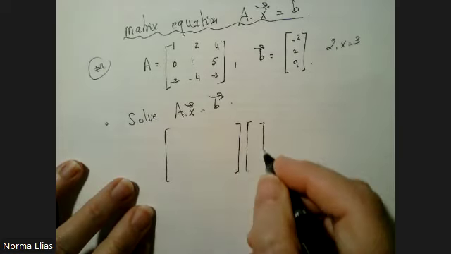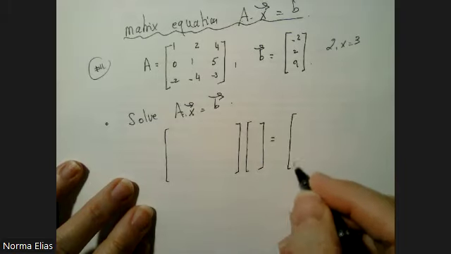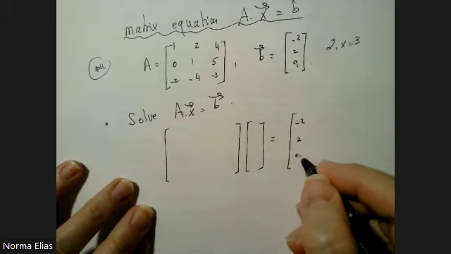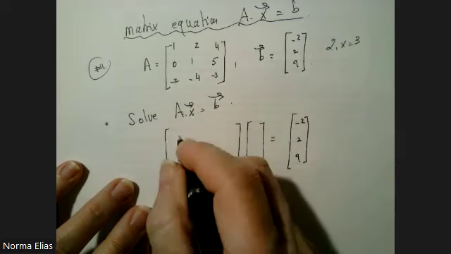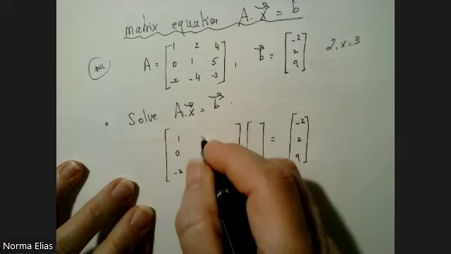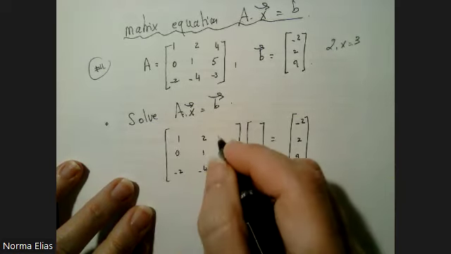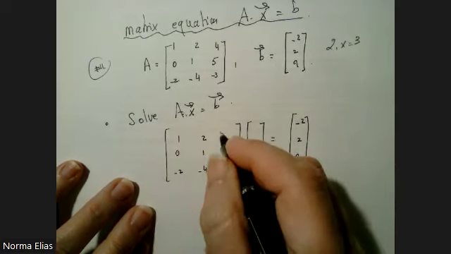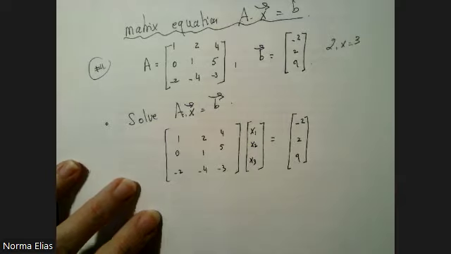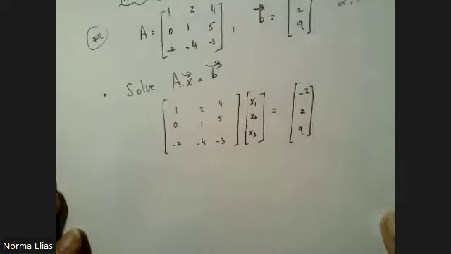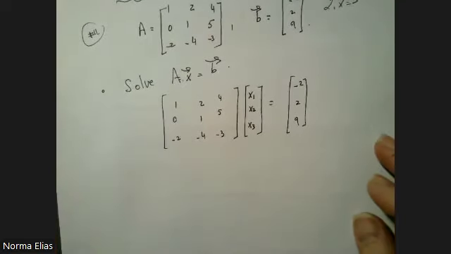It means we go back to what this means: 1, 0, minus 2, 2, 1, minus 4, 4, 5, minus 3, times X. Whether they tell me or not, I should know that X should have 3 entries because I have 3 columns here. They can tell me sometimes how many, or they don't have to because we're supposed to know.